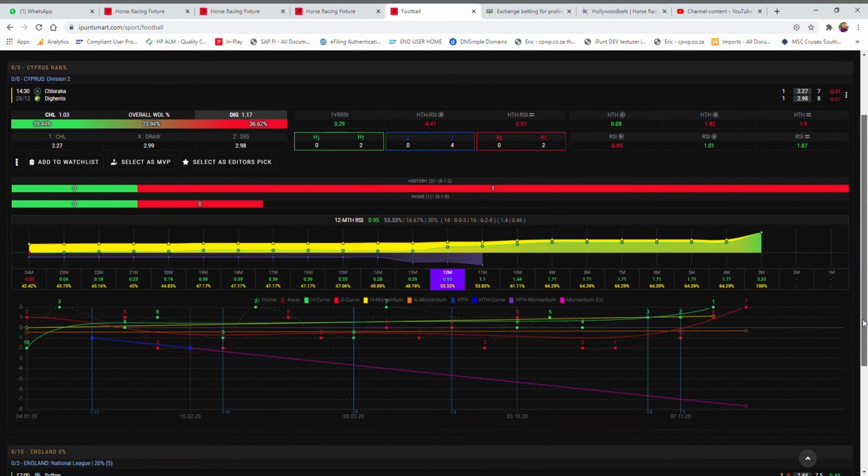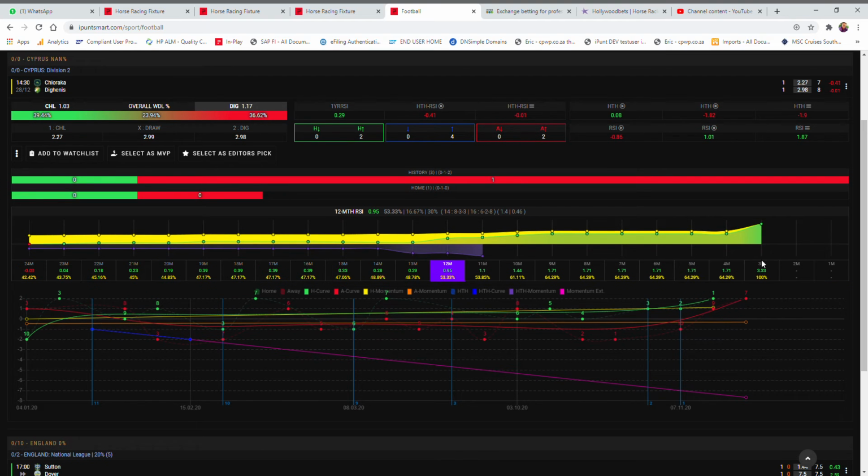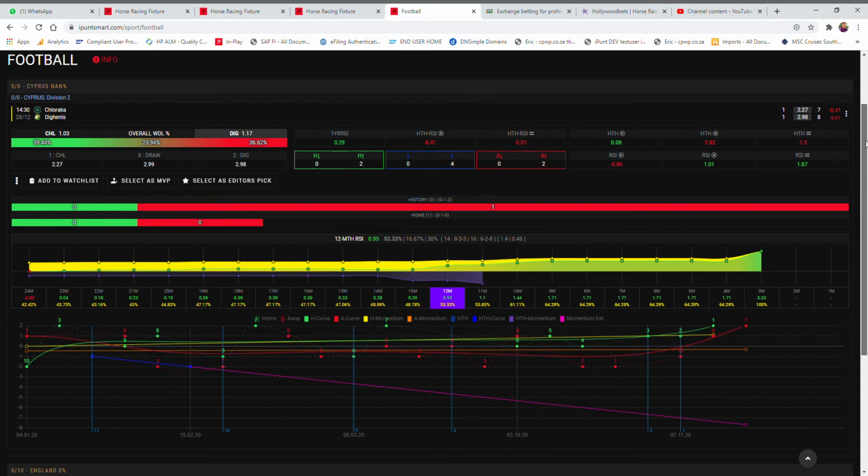So yeah, we have 3.3, but the ratings is only giving it a 1-all. So I'm not going to take a chance here, and the reason for that is history. There's been 2 for the away team and 1 draw, but most recently the home team is definitely a lot stronger.